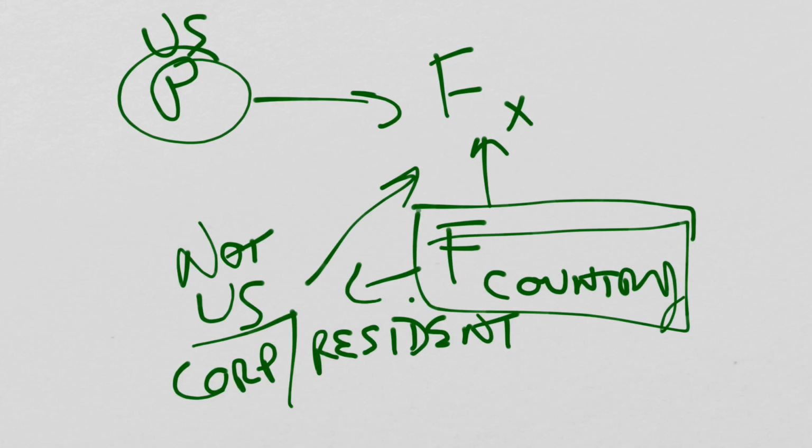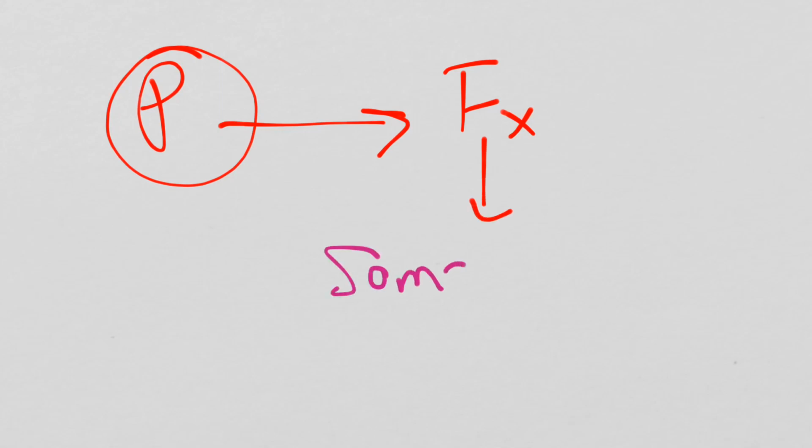But what if, and here's the interesting part, what if the situation is the following? What if the parent company, we'll put this in red because we've got the devil now playing. The devil's always the advocate. The devil is the parent corporation sets up this foreign corporation, but all the activity of the foreign corporation is taking place in some other country. So they're selling to some other country or they're servicing some other country.